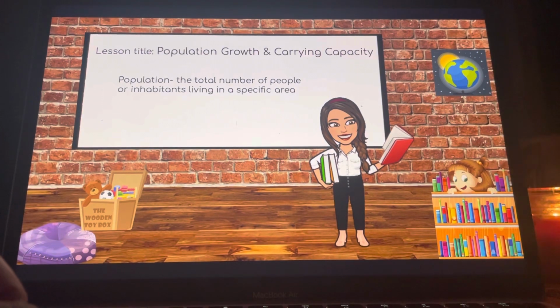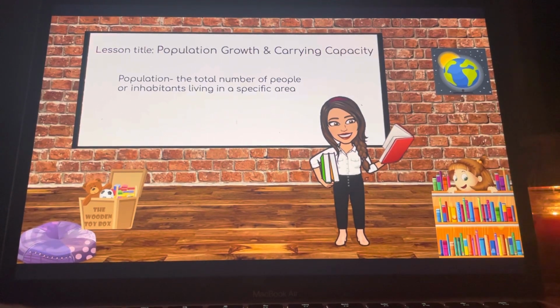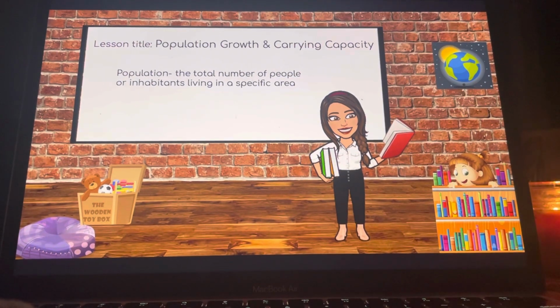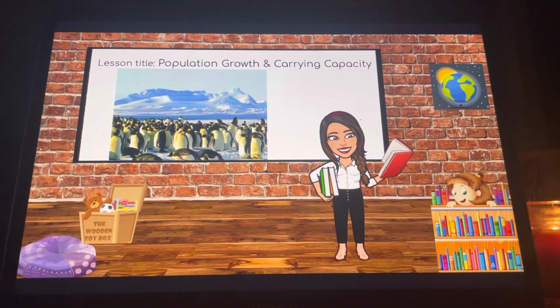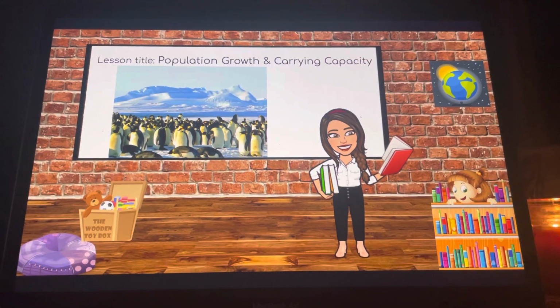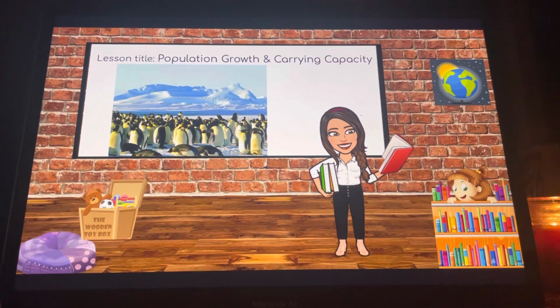For a side note, when we get to the underlined parts in today's lesson, those are the ones that you're going to want to copy for reference. Here we have an example of a population: a population of penguins in this particular space, and penguins alone.